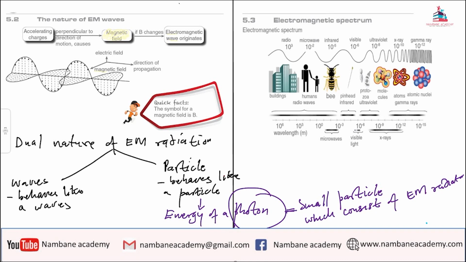That is the reason why, ladies and gentlemen, when you check at 5.3, we have what we call the electromagnetic spectra. With the electromagnetic spectrum, what are we expected to know? We are expected to know how each wave behaves, and the applications of each wave given in the spectra.